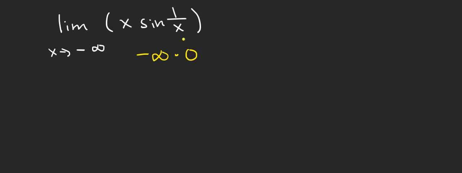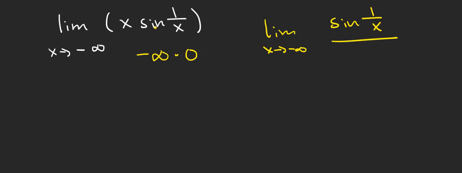Again, using a similar method as last time, we can rewrite this as limit as x goes to negative infinity of sine of 1 over x over, I'm going to rewrite x as 1 over 1 over x over here. Now when you plug in negative infinity, you still get 0 over 0. So apply L'Hopital's rule.